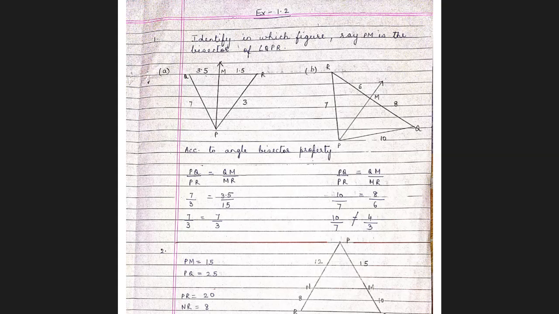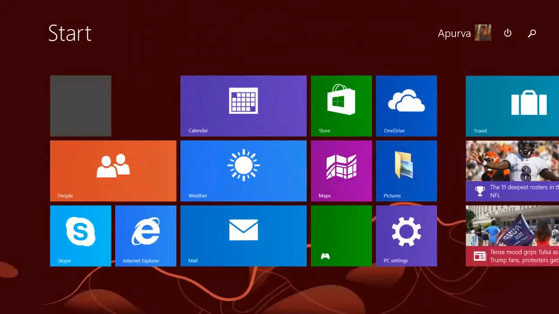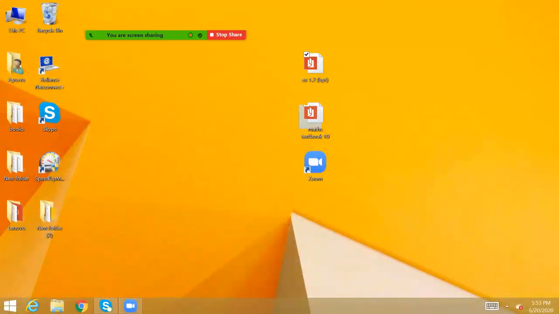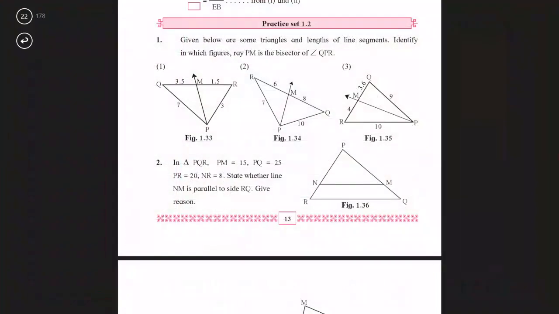You get 10 upon 7 not equal to 4 upon 3. So what do you infer from that? Ray PM is not the bisector of angle QPR. Okay. Now similarly, we have another question, the third question. I haven't done the third. You are going to try out on your own, just like how we have done the first and the second.